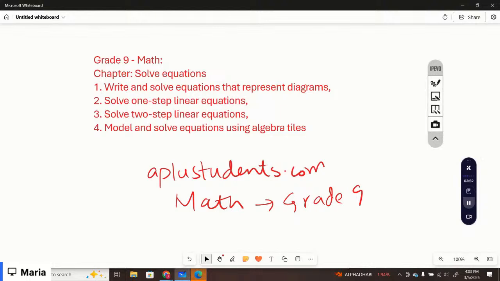We're going to start with the chapter Solve Equations. The lessons we're going to cover today are: write and solve equations that represent diagrams, solve one-step linear equations, solve two-step linear equations, and model and solve equations using algebra tiles.